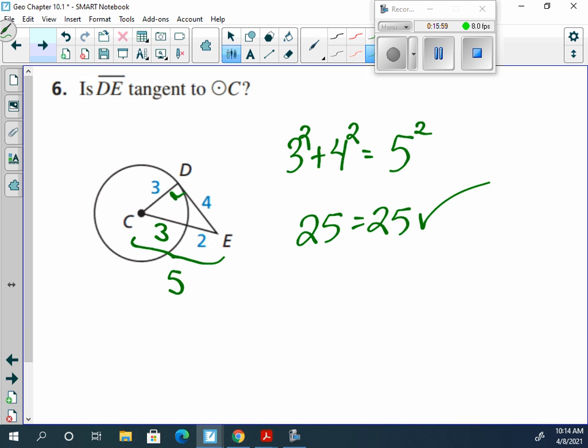As long as 3 and 4 are the legs and 5 is the hypotenuse, this will always be a right triangle. 3, 4, 5 is one of our special Pythagorean triplets. Any questions on any of this here?